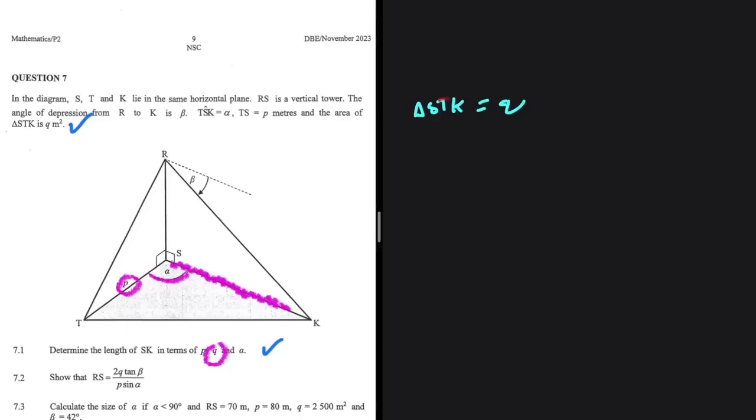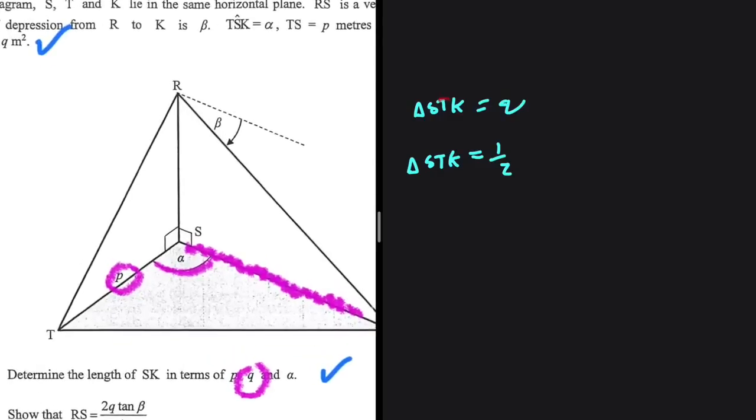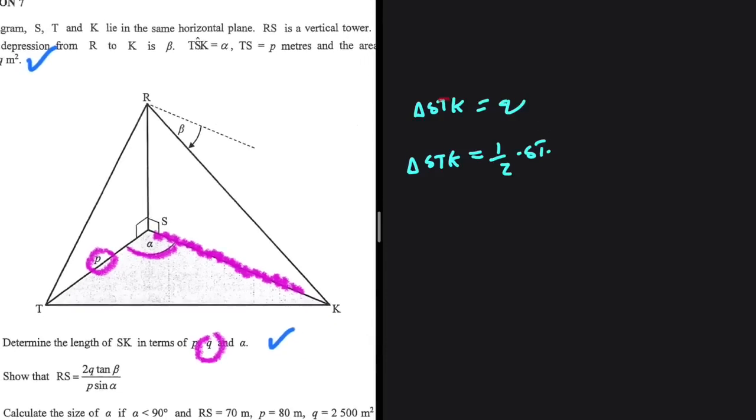If we go ahead and try that, we're going to have the area of triangle STK being equal to a half. We need two sides and one angle between the two sides. We have ST, right? So multiplied by ST multiplied by SK, sine of the angle in between the two sides, which is alpha. So sine of alpha. So what is the area of triangle STK?